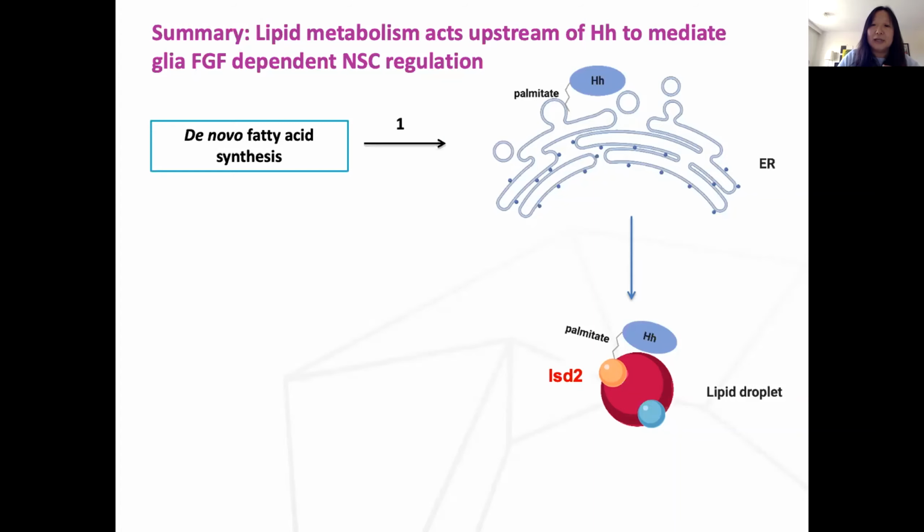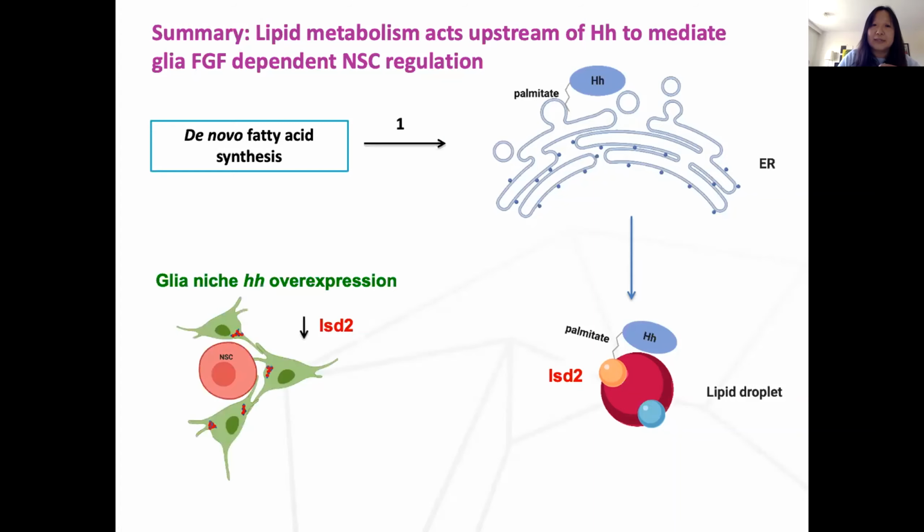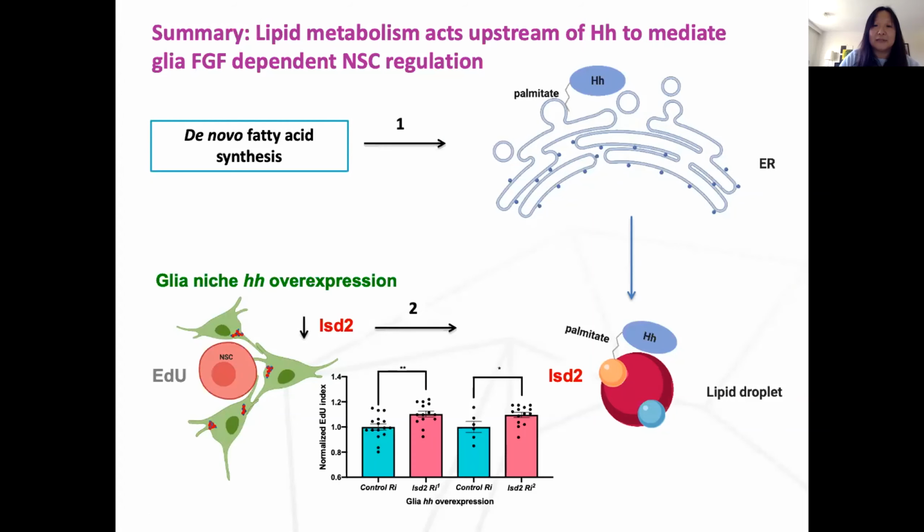So if we overexpressed hedgehog, which, to remind you, causes neural stem cells to slow down, and in this context we knock down LSD2, we saw two things. First, the distribution of hedgehog really changed. And second, that this really was able to significantly rescue the cell cycle slowdown we saw caused by hedgehog overexpression.